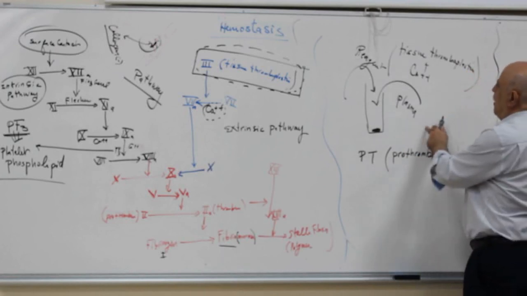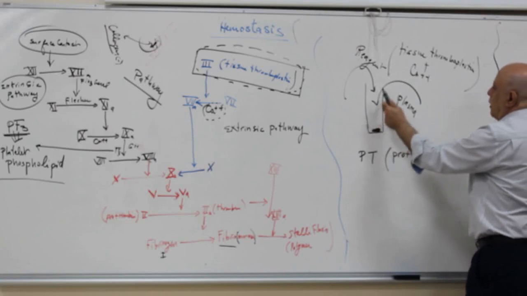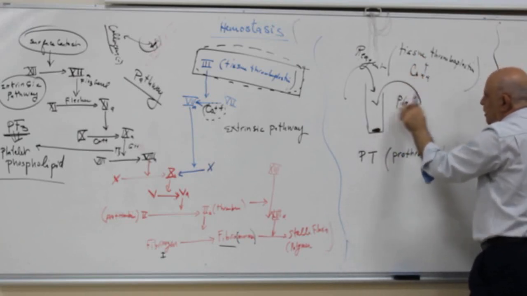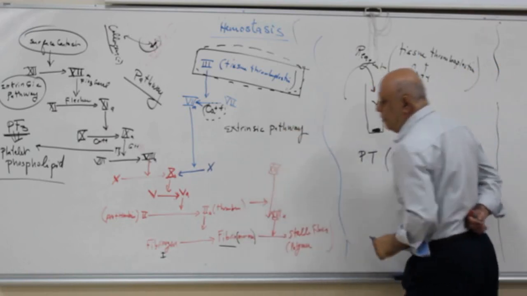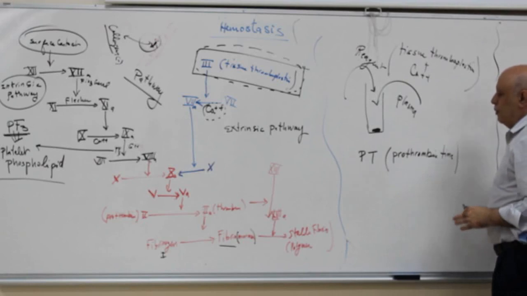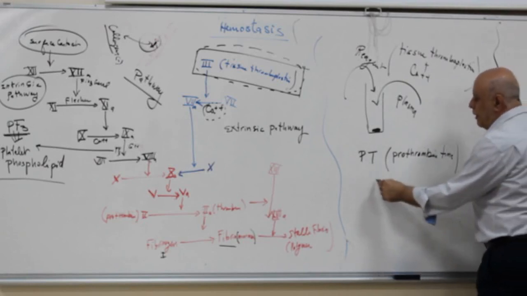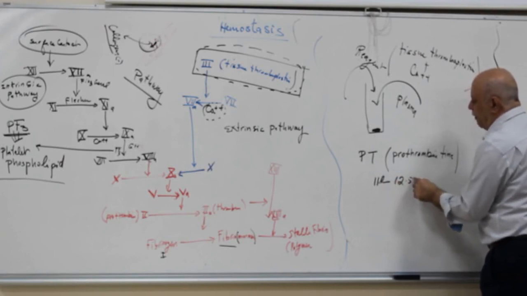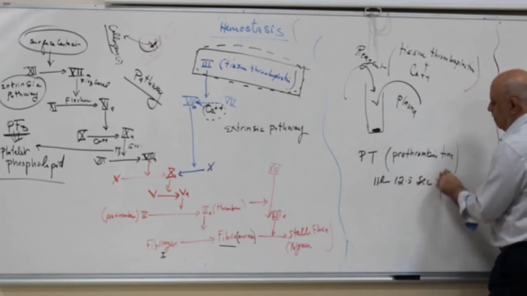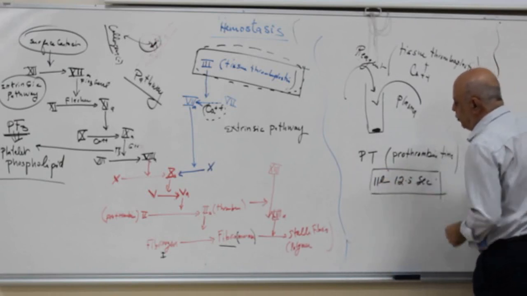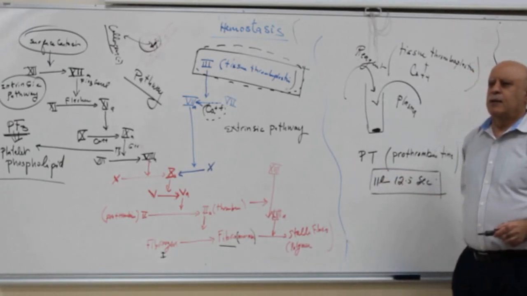If you add plasma to a tube along with tissue thromboplastin and calcium, there is no reason for it not to clot within 11 to 12.5 seconds. The normal range is between 11.0 and 12 seconds.